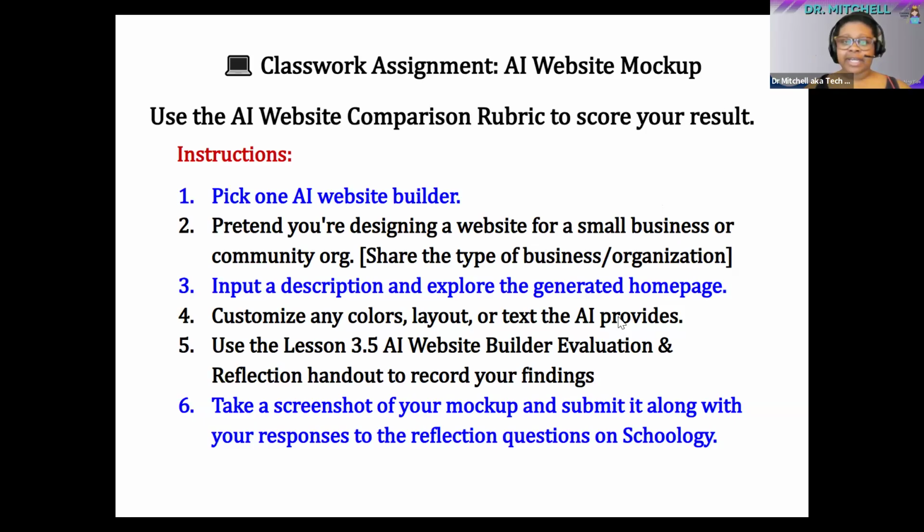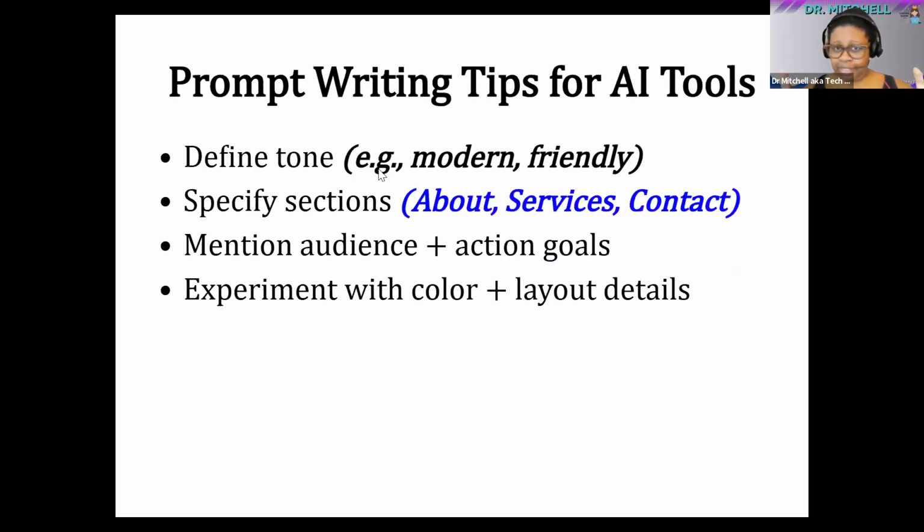So it is provided. Now, I do provide a little bit of tips if you've never experimented with any AI tool, or if you have. This will be very good to make sure that your prompts are diligently going to support the outcomes of what you're looking for. So, define the tone: make it modern, friendly, professional.